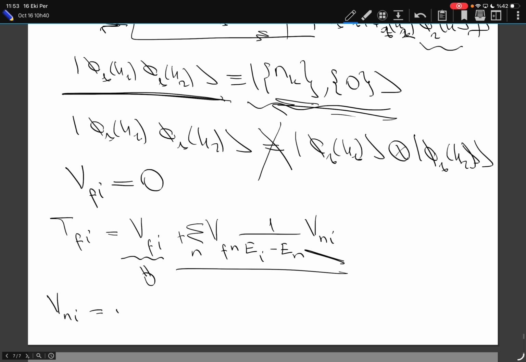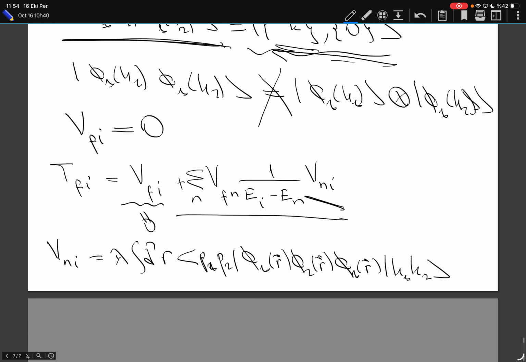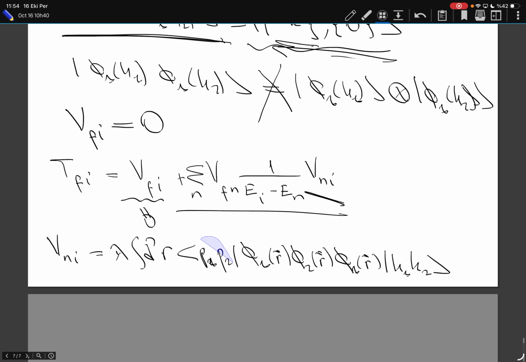Well, let me write the lambda d cubed r out. This is my integral in the expression of the potential. Let me use the shorthand notation. I will look at P1, P2, phi 1 or K1, K2. No, sorry. This is n. I don't know what that is yet.